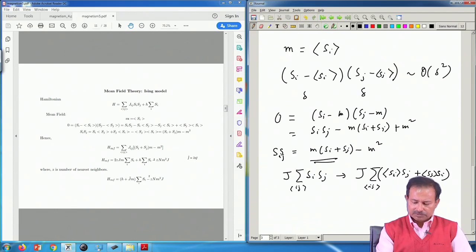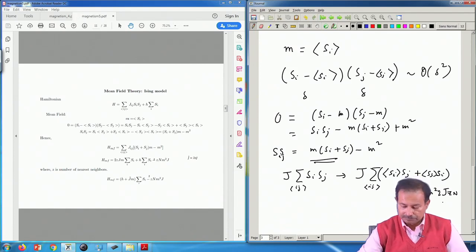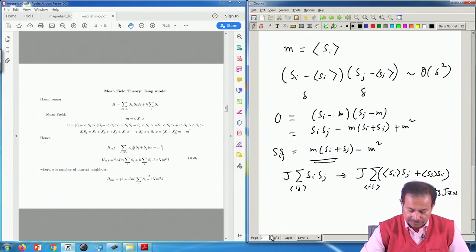Minus of course this m square term times the number of sites times z times N. I will come to this. And if you have unrestricted, then you can put a 2 here. Okay. So, that is the approximation one is talking about.